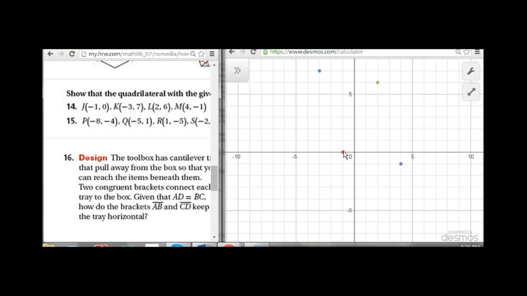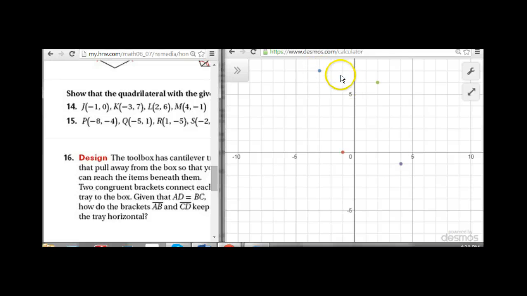So our slope of JK is equal to -7/2. Then we need to compare the slope of the side opposite that one, which is the slope of LM. Let's count this one. 1, 2, 3, 4, 5, 6, 7, and right 1, 2. That also has a slope of -7/2, so you can say that JK is parallel to LM.